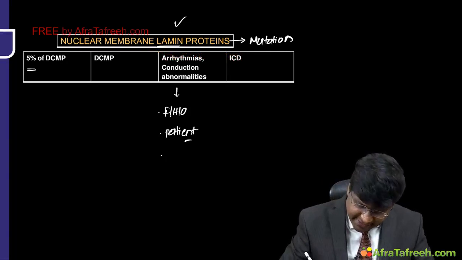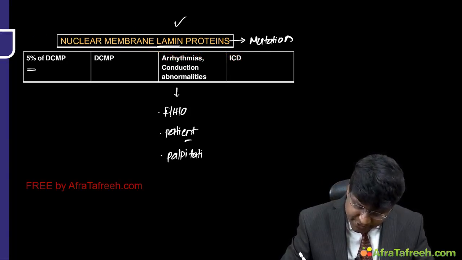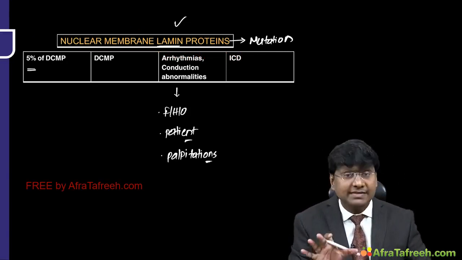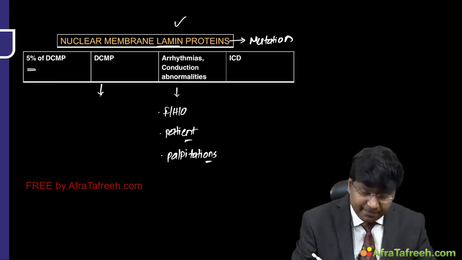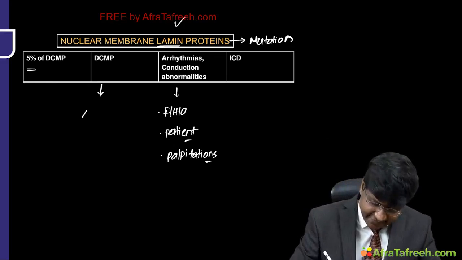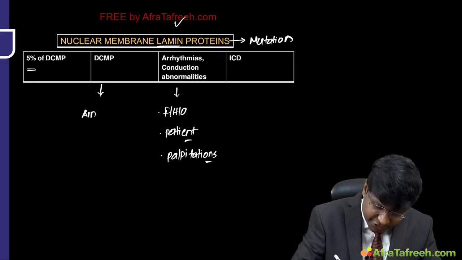And the arrhythmias, what will be the clinical manifestations? That will be in the form of palpitations, right? Now these patients develop a form of dilated cardiomyopathy where they have an arrhythmogenic mutation.